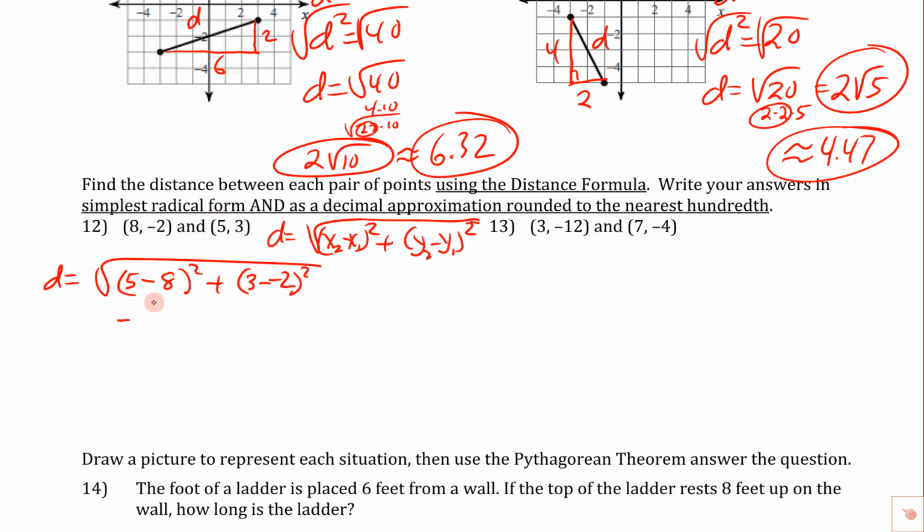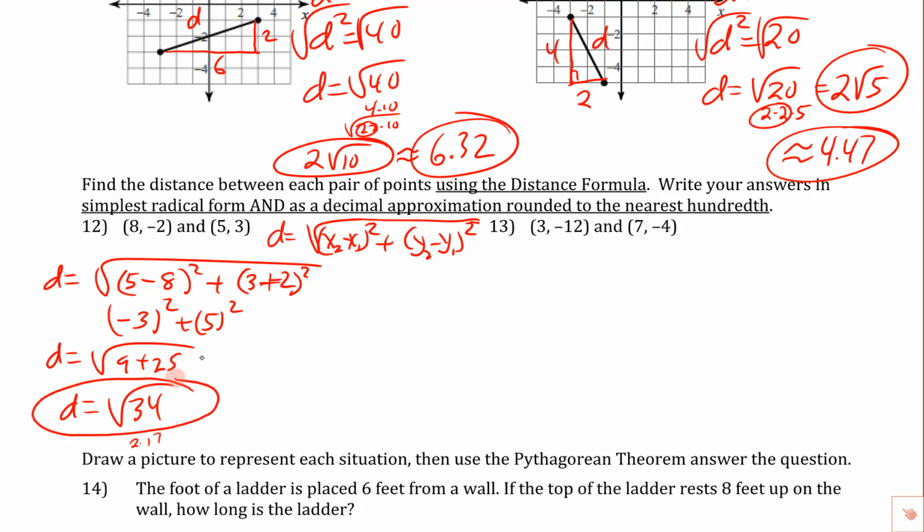So this is going to be, and again, you can drop the radical for just a second, negative 3 squared. This is going to be a plus. This is going to be 5 squared. So this is going to be 9 plus 25. And we end up with, this is kind of cool, square root of 34. And the cool thing about 34, it's only a 2 and a 17, no pairs.